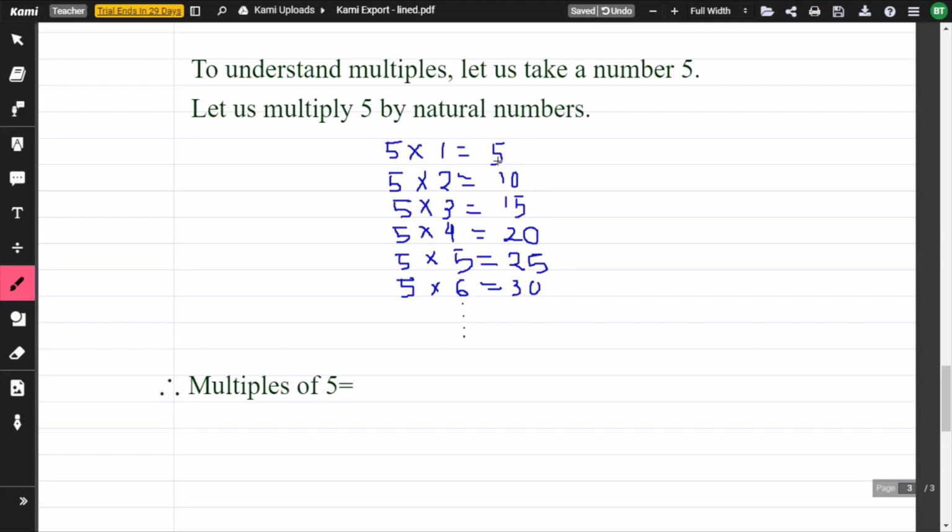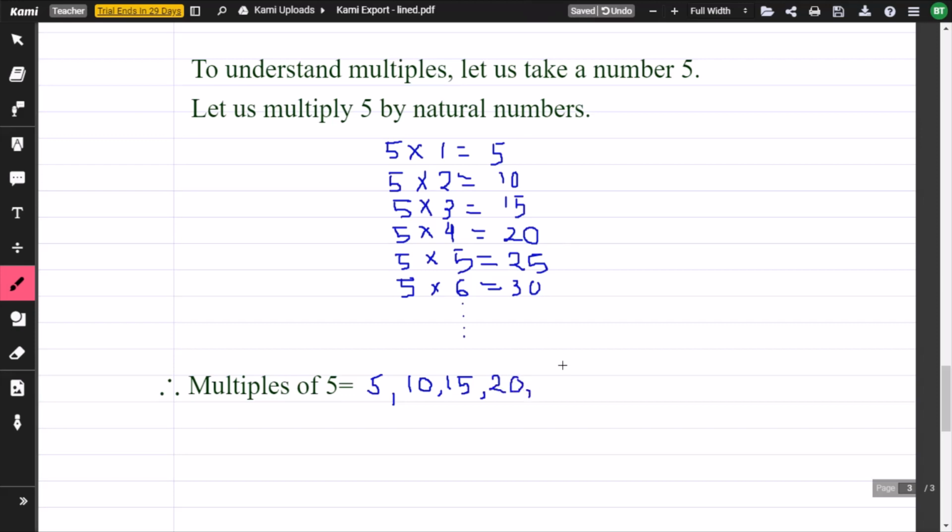So look at the products: 5, 10, 15, 20, 25, 30. These are the multiples of 5. So the multiples of 5 are 5, the next multiple is 10, and after 10, we got 15. After 15, the next multiple is 20.